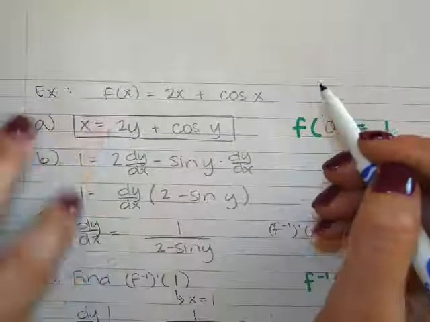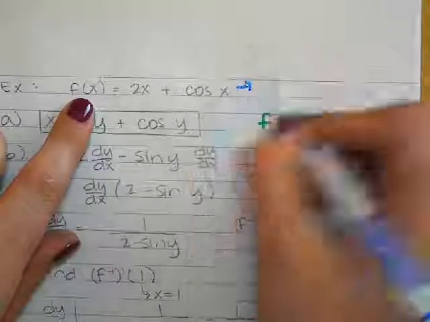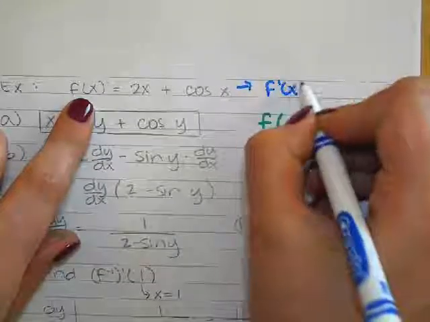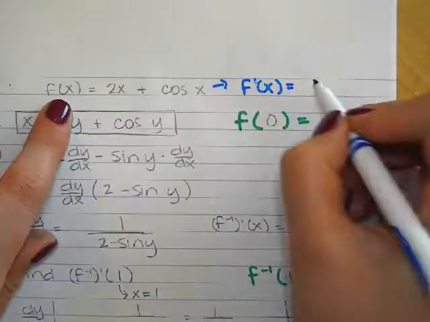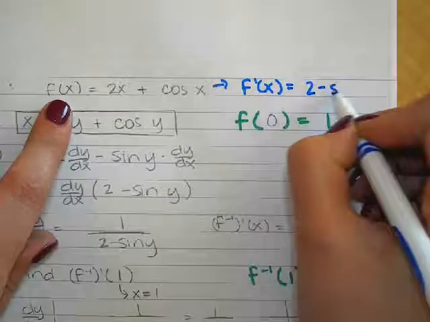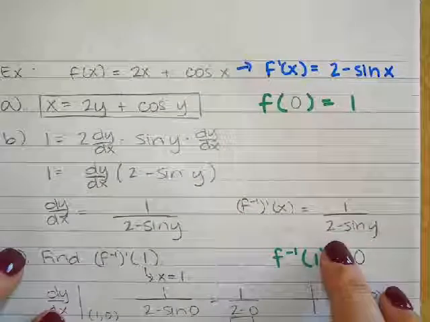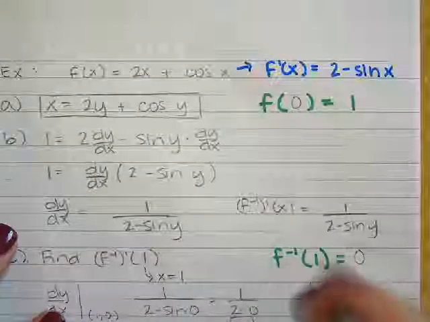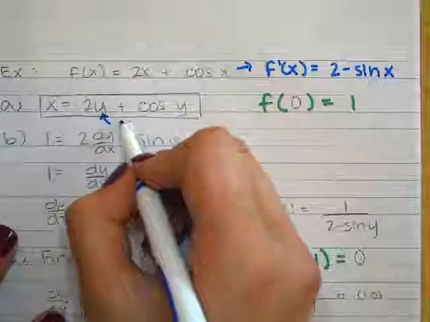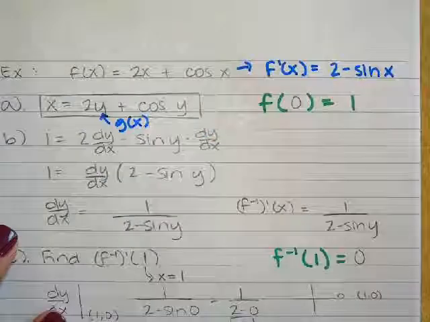Okay, there's f of x. What's f prime of x? 2 minus sine x. Okay, what's our g of x? It's just y, right? I'm going to point right here. There's my g of x.